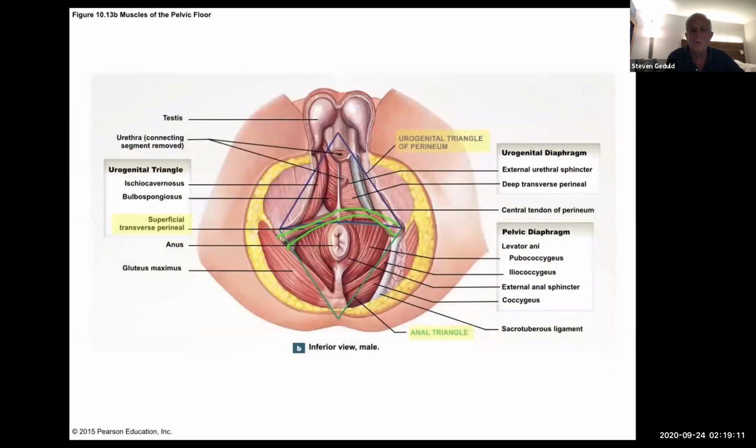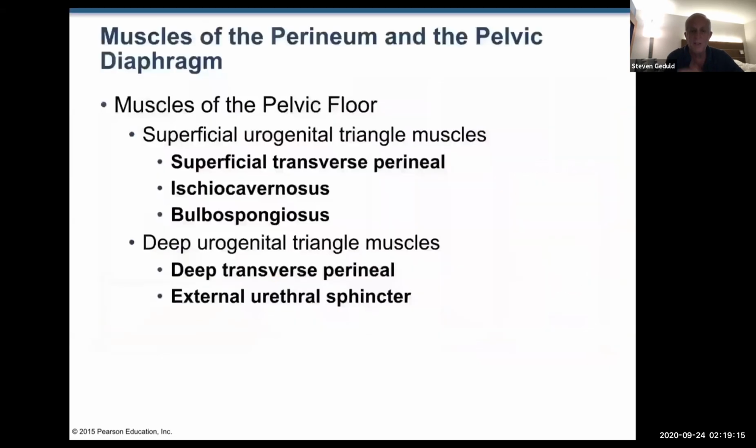So you've got muscles of the pelvic floor. You get the superficial urogenital triangle muscles on the outside of it: the superficial transverse perineal, which I said divides the urogenital triangle and the anal triangle, the ischiocavernosus muscle, and the bulbospongiosus muscle.